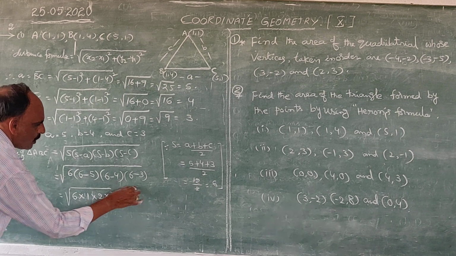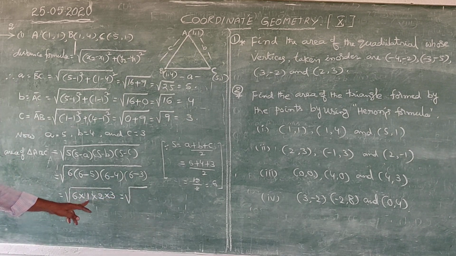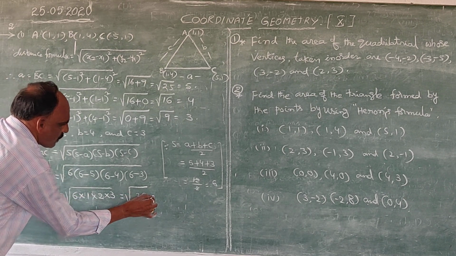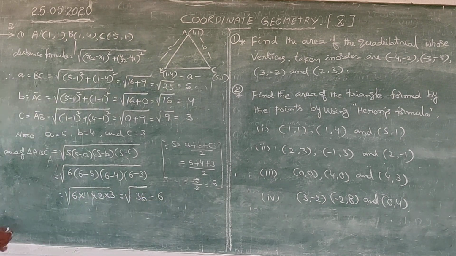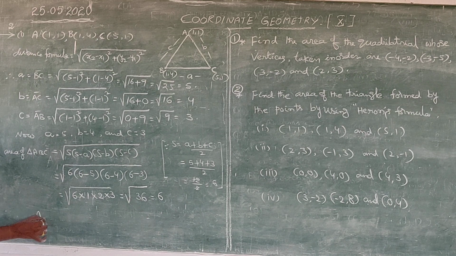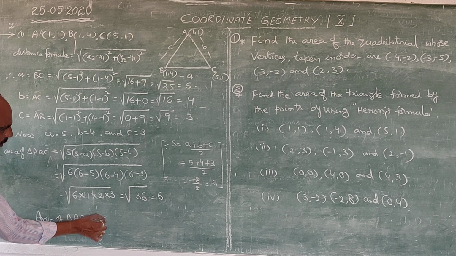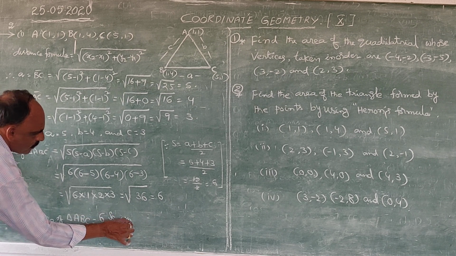That is the square root of 6 times 1 is 6, 6 times 2 is 12, 12 times 3 is 36. The square root of 36 is equal to 6. Therefore the area of triangle ABC is 6 square units.